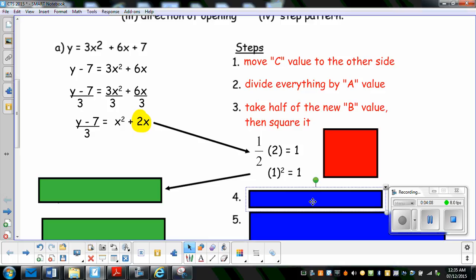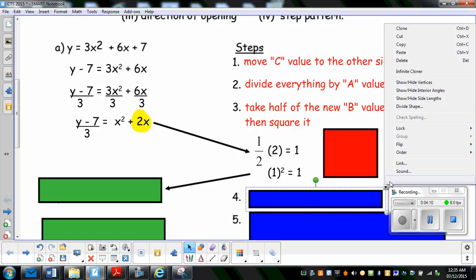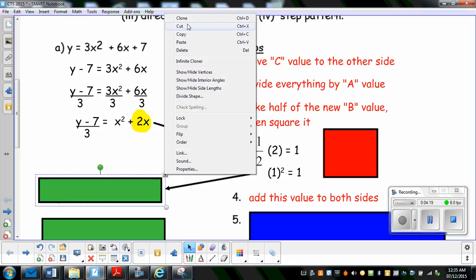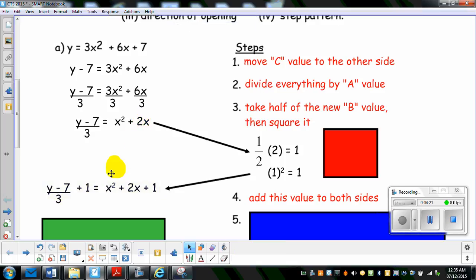My next step is to add that value to both sides. If I do that, here's what the equation looks like. You can see that I've added 1 to the left side, and I've added 1 to what we had on the right side up above.